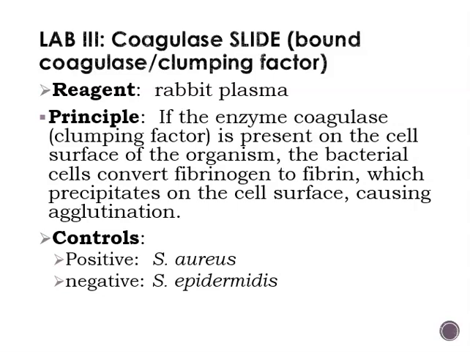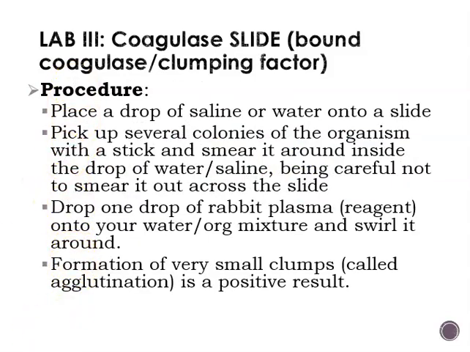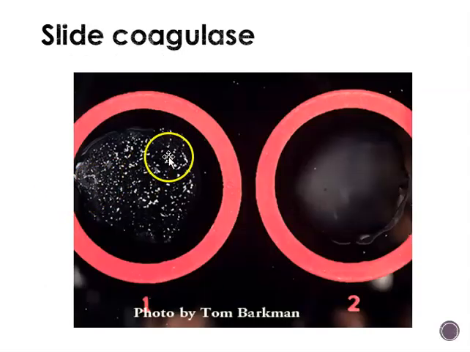We're differentiating it from all of the other staph species, but our negative control, we use Staph epidermidis specifically, and we're trying to determine if that organism produces that enzyme coagulase, which is also known as clumping factor. Remember, that's the one that's present on the cell surface of the organism. You can see the procedure there. The result is agglutination, or it forms these little clumps, versus no agglutination.